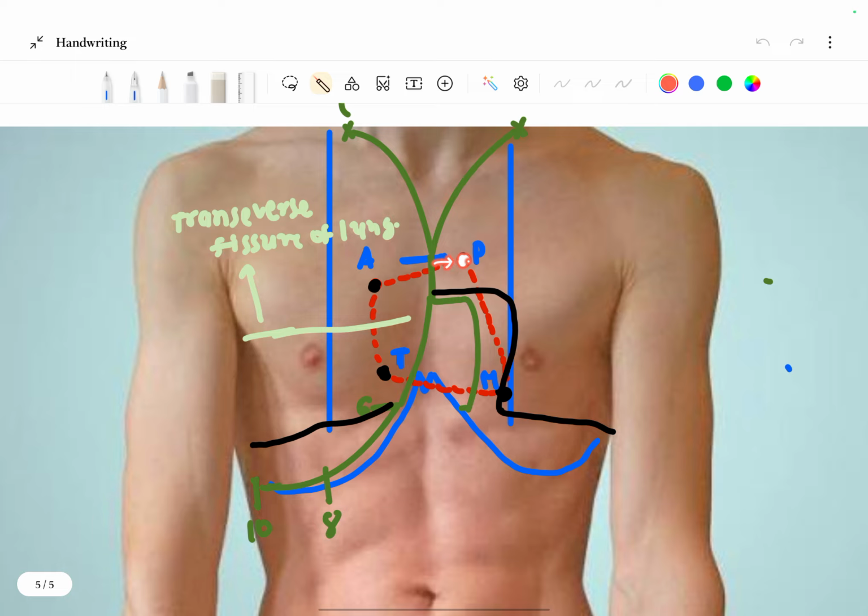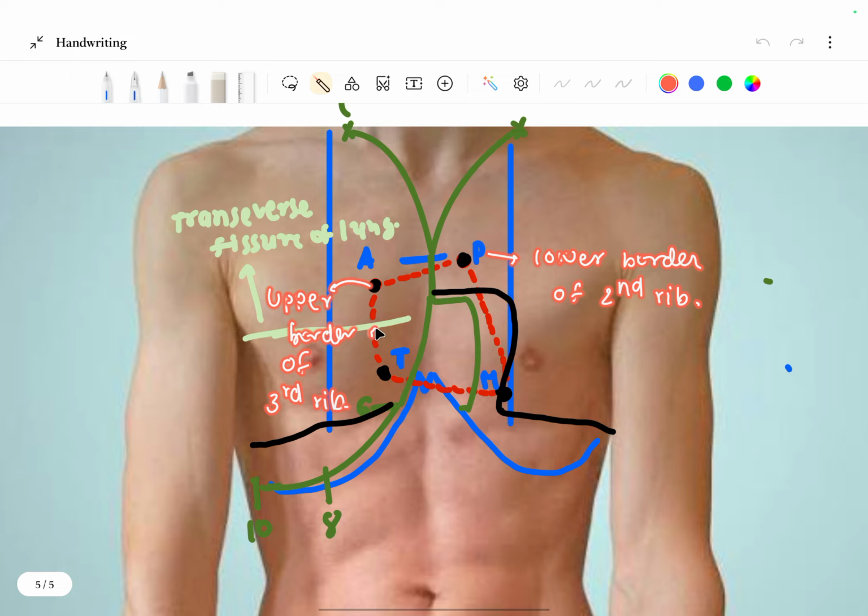This point is at the lower border of the second rib. Clear? This next point is at the upper border of the third rib.